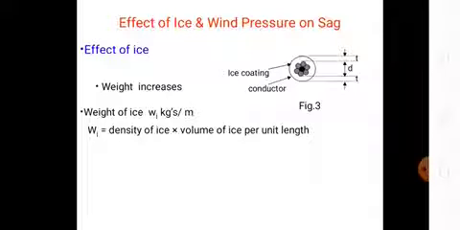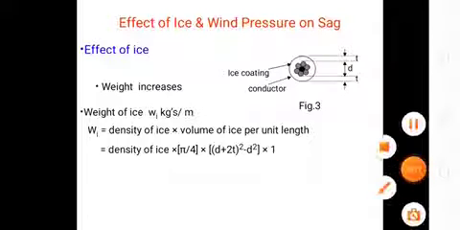Here the density of ice into the volume. Volume is equal to pi by 4 D square. Here D is nothing but the internal diameter plus the external diameter and thickness.